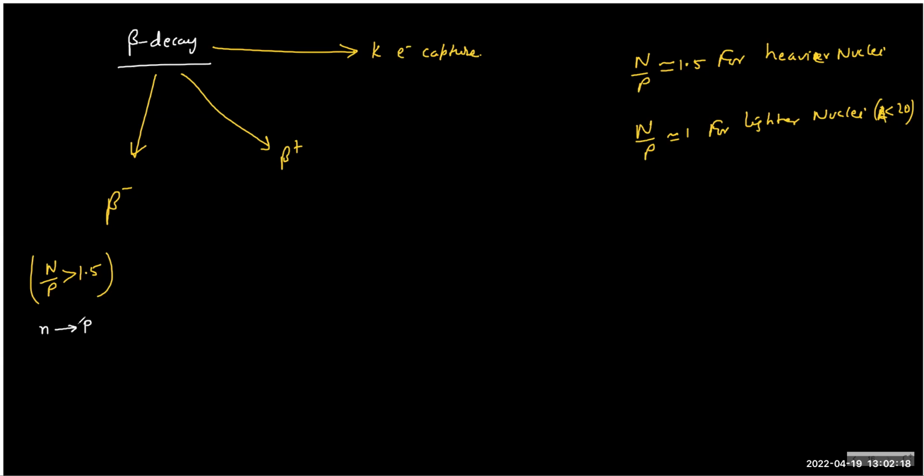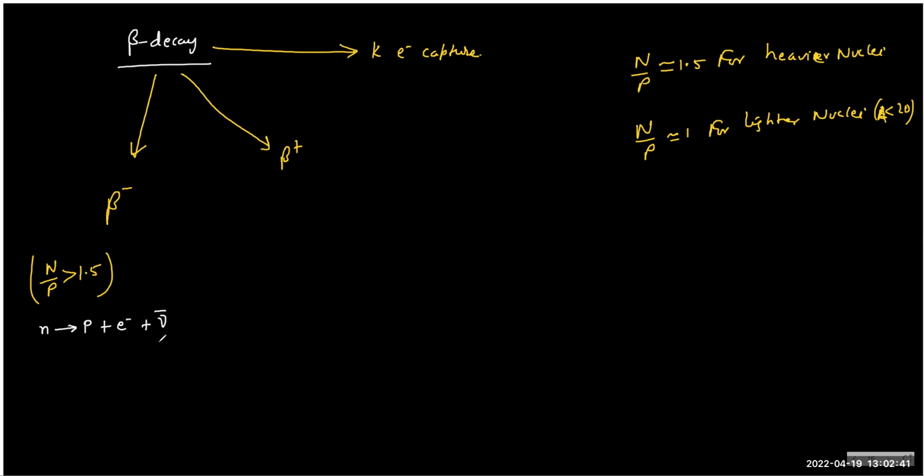When a neutron converts into a proton, the n will decrease by one, and p will grow, so they can again reduce the ratio. This is a phenomenon which happens when the N by P ratio is more than the desired value, and it will emit one electron, and it will also emit the anti-neutrino in the process.